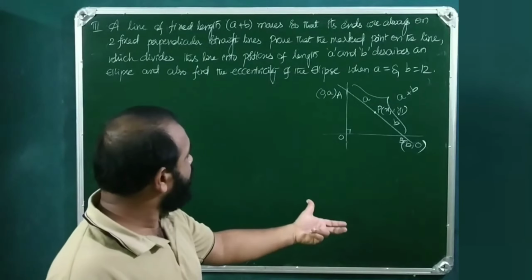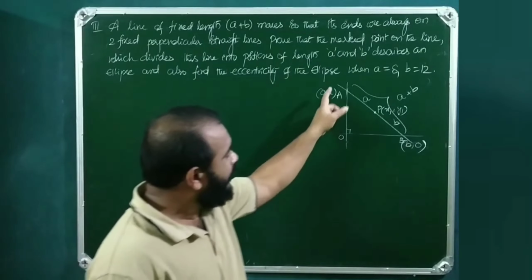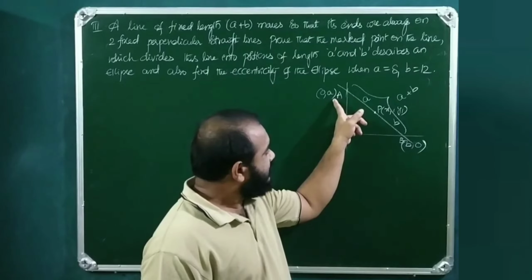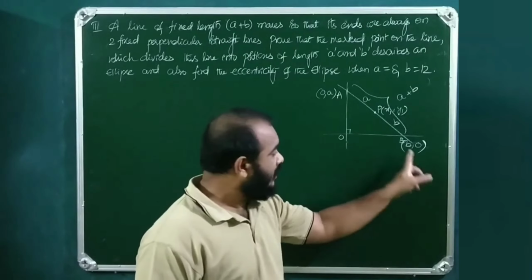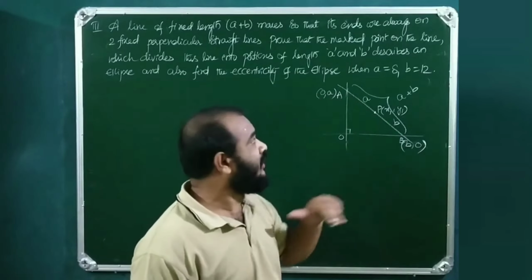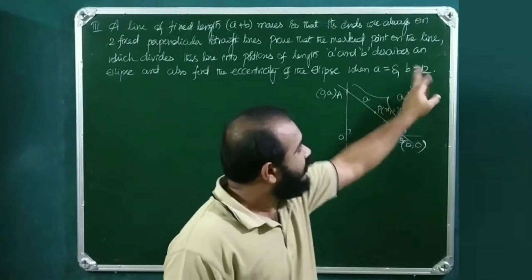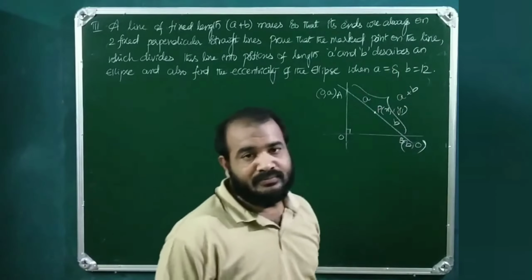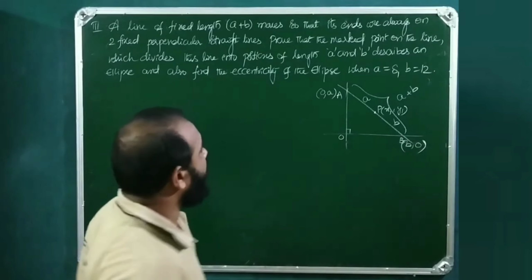You may ask a question, why I have taken A on the y-axis and B on the x-axis. I can even take A here and B here, but here A is 8 and B is 12. So A is less than B. Therefore, this ellipse is an A less than B ellipse. Therefore, I have chosen in this way.